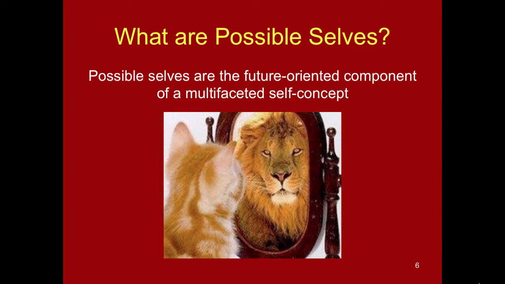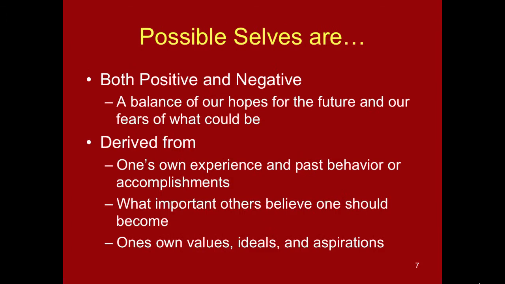Let's look a little deeper into our possible selves. Our possible selves are both positive and negative, and there's almost a dance between these hopes and fears that we have for our future. We balance these hopes and fears, and they are both needed in order to be well-rounded and adjusted.